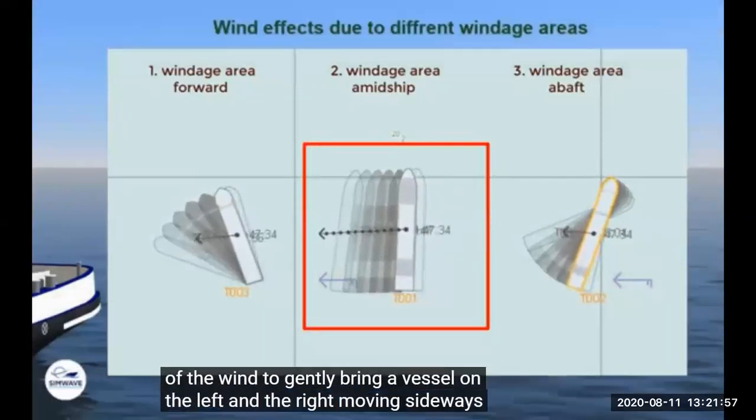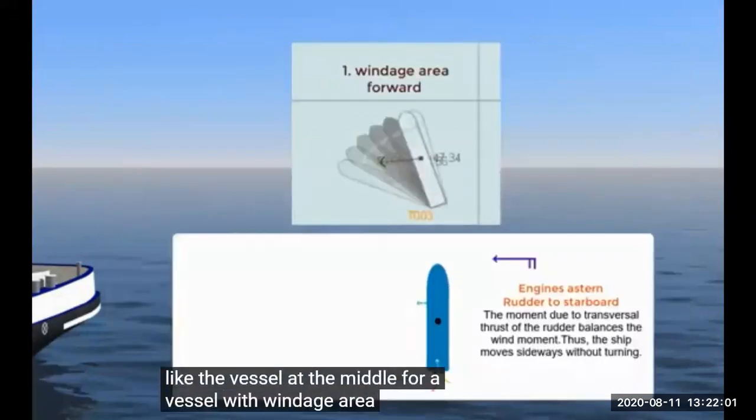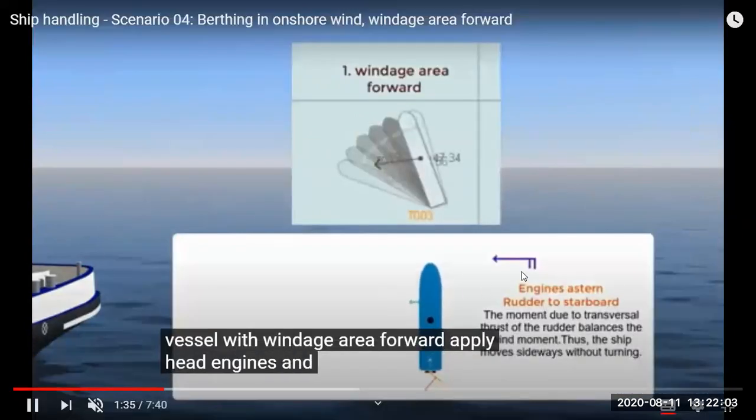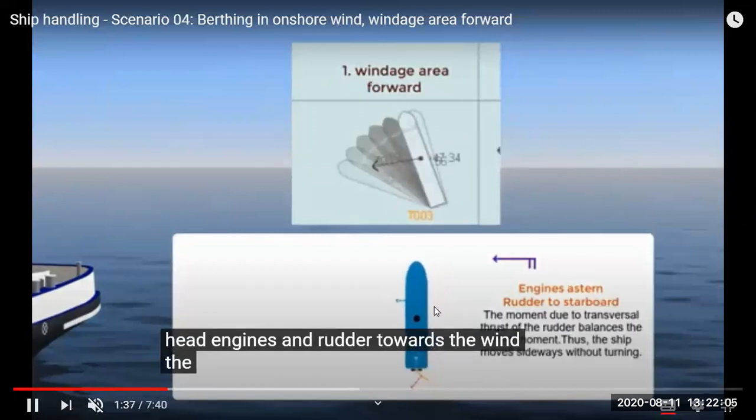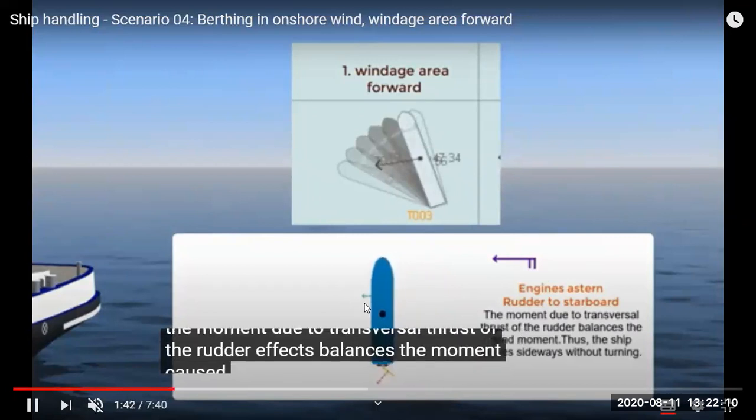So how we will make use of this while berthing is the same case. The wind is coming from here, so it is an onshore wind, the wind is coming to the shore.